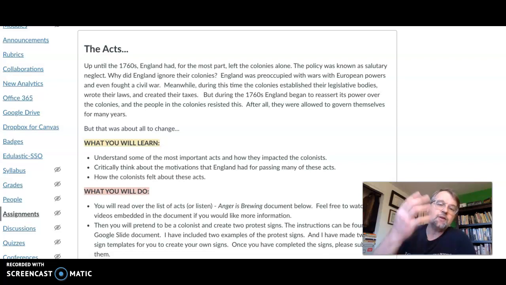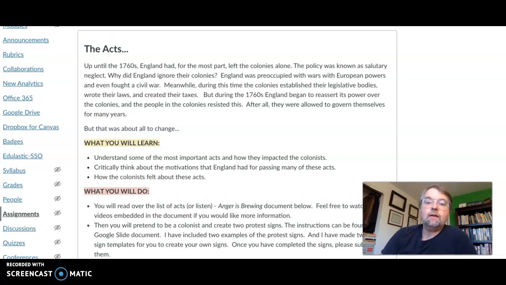So what I'm going to do is introduce this to you. I'm going to read this section and explain how this is supposed to go. So the acts: up until the 1760s, England had for the most part left the colonies alone. The policy was known as salutary neglect. Why did England ignore their colonies? Well, England was preoccupied with wars with European powers, and they even fought a civil war during this time period.